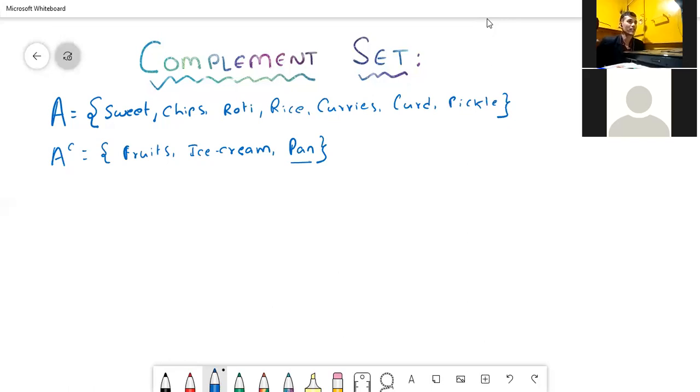Similarly, if we come to sets, we will show a Venn diagram.